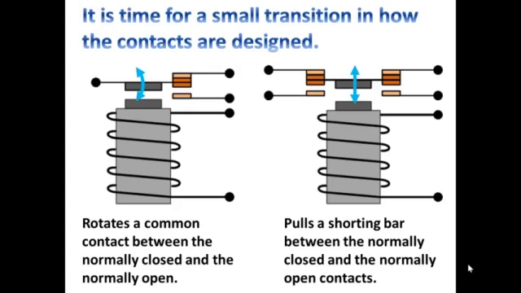Instead, you have a shorting bar that when you energize, it's pulled down, and when it's de-energized, it travels up. In the stationary contacts, there's 2 sets. What this gives you is 2 completely individual contacts for each position of the relay armature. That means that if there's an arc, the arc is divided between the 2 contacts, so that's an advantage. It reduces the possibility of the contacts welding together because of excessive current.